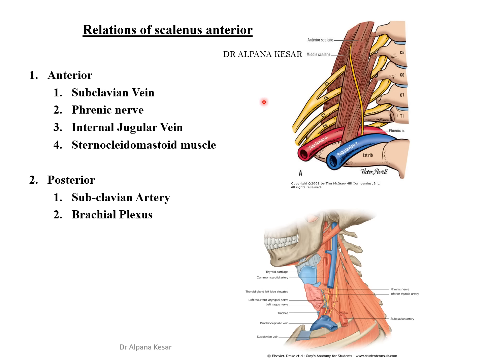Scalenus anterior muscle is considered as a key muscle of the neck because of some important relations to it. The subclavian vein, along with the phrenic nerve, internal jugular vein, and sternocleidomastoid, pass anterior to it, and subclavian artery, along with the brachial plexus, passes posterior to it.